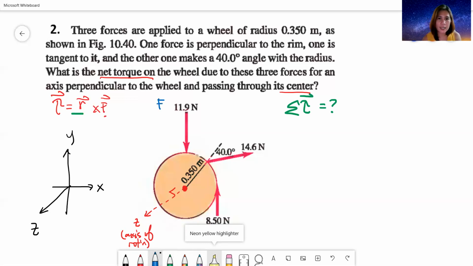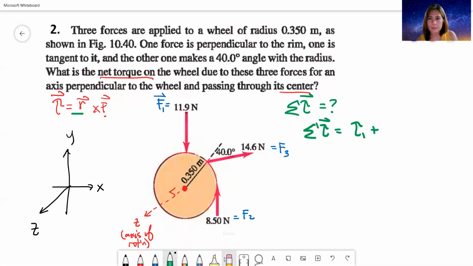Now, let's label the forces. Let's take this as force 1. Okay. Let's take this as force 2. And this one is force 3. Okay. So, the total torque, the summation of the torque here, would just be the torque due to force 1 vector plus the torque due to force 2 plus the torque due to force 3.